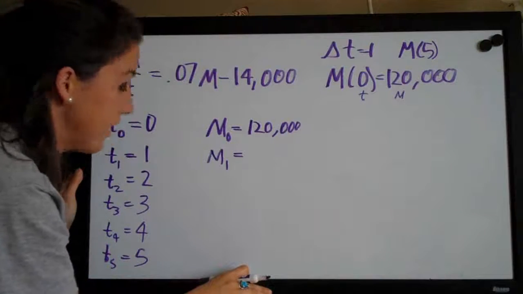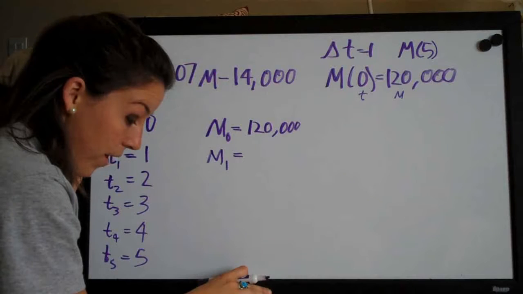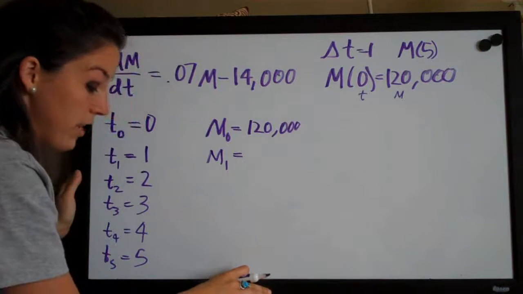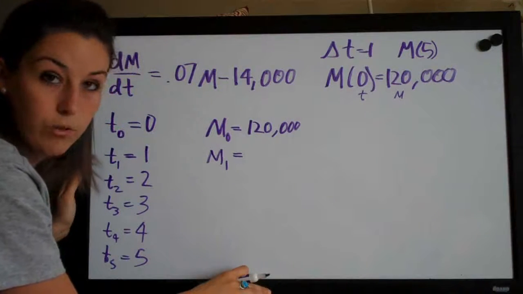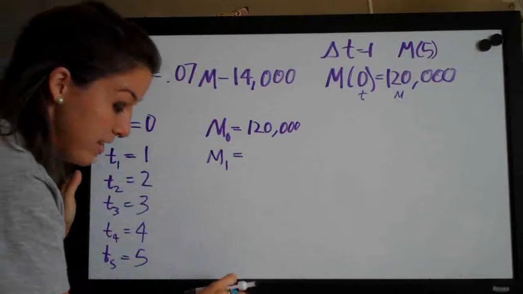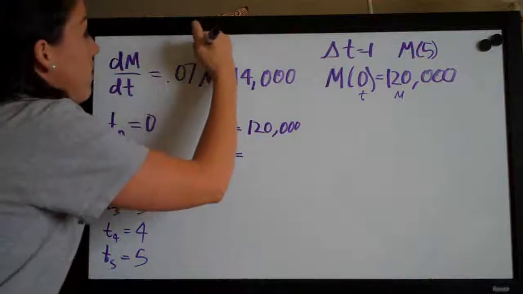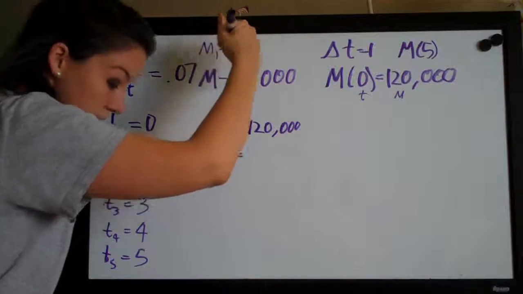So the only thing I remember is the following, and we'll go ahead and use m's. In my formula, it's y's and t's instead of m's and t's, but we'll go ahead and use m, so it's not as confusing.